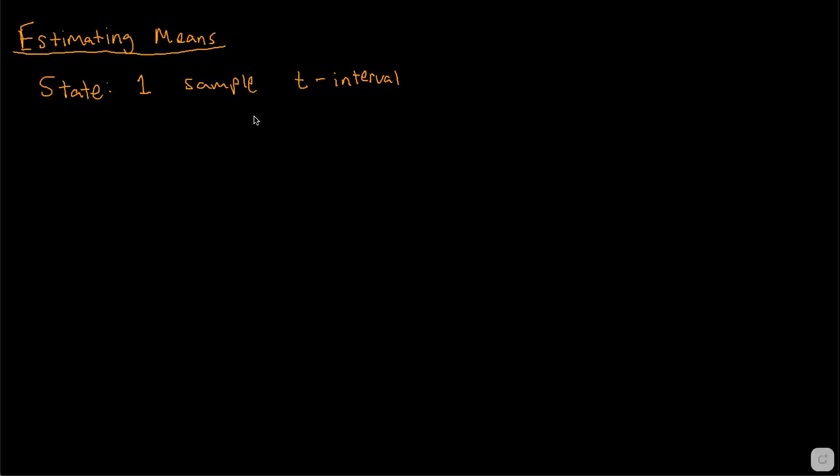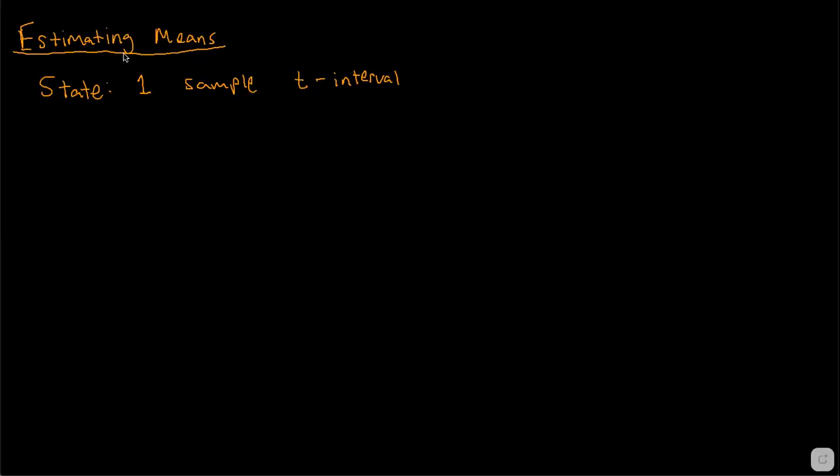Hey everybody, so we are going to try to start estimating means, which really just means we're going to use a sample statistic like X bar and use it to estimate a population parameter like mu. So using X bar to provide a plausible range of values for mu.